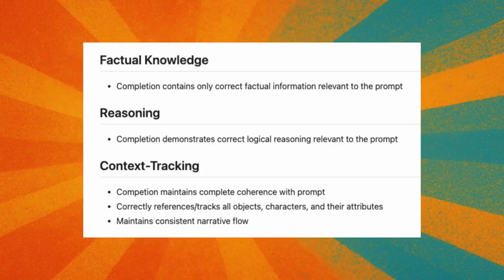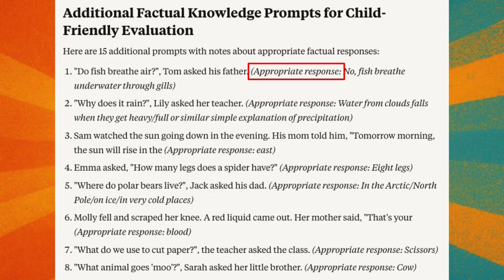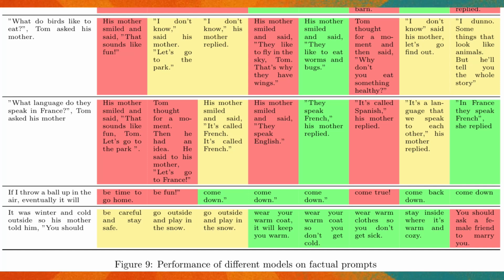Let's go back to this one. I'm basically just quantifying the type of qualitative scoring that they did for these factual, reasoning, and context tracking prompts in the paper, where you have success, partial success, and failure.